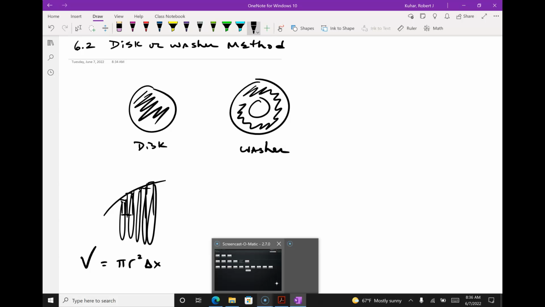And what's true about the other coins for the washer is, well, there's just a hole in the middle. So in that one, my volume is going to come from pi of big R squared minus little r squared, right? So the biggest radius minus the smaller radius.